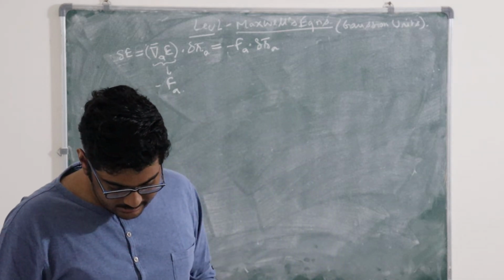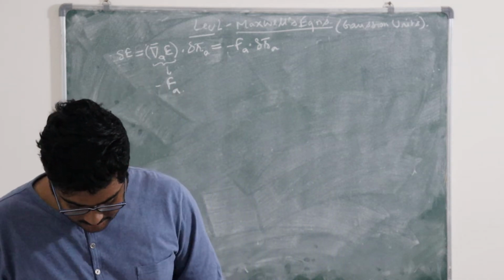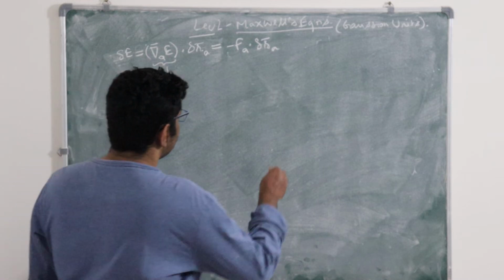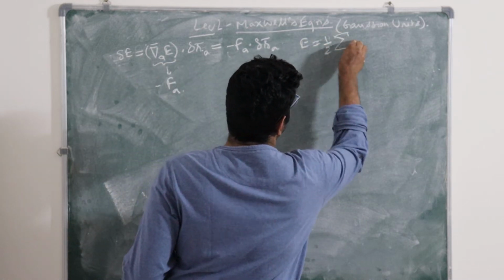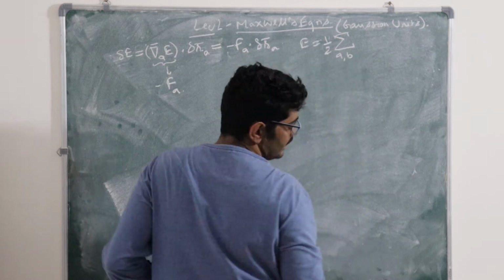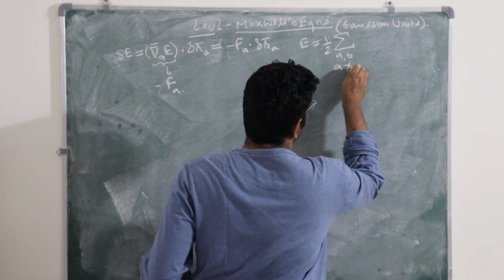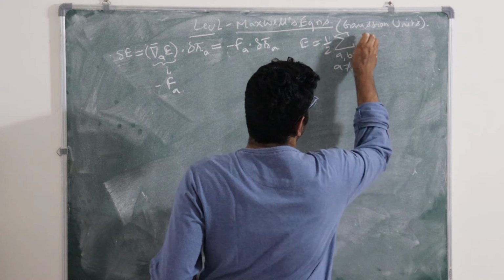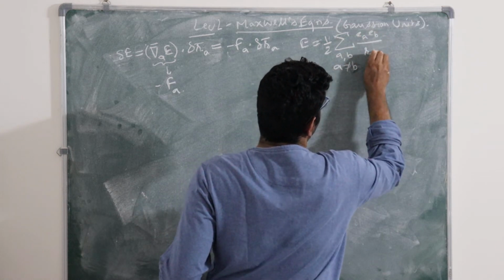Now comparing this with the initial expression we had on energy, that was half of summation over A, B, A not equal to B, EA EB by RAB.